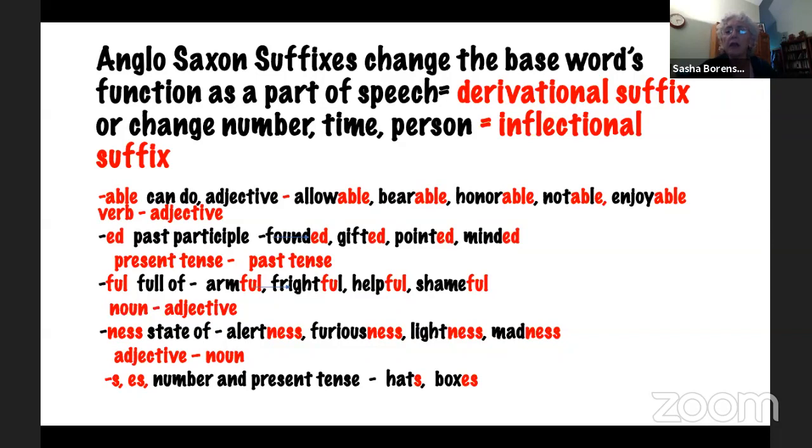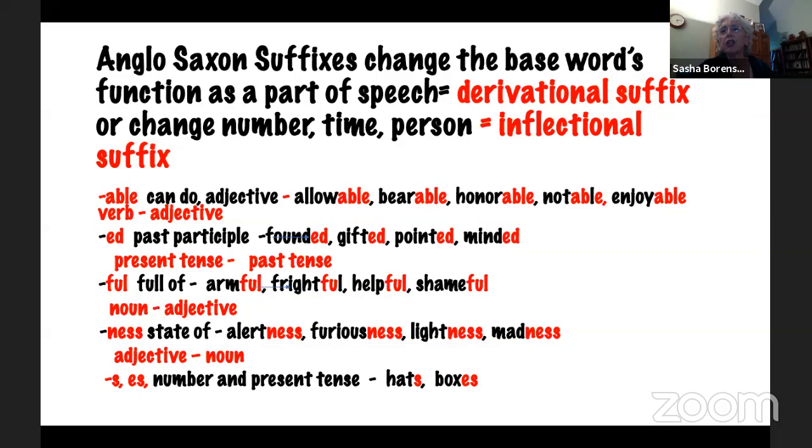This is kind of a very abstract idea, isn't it? But this may help you. Inflectional suffixes change number, in other words, plural and singular. They change time, which is it past, present, or continuing action? And they change person, because if I say he stops, the S on stops tells me that it is the third person.